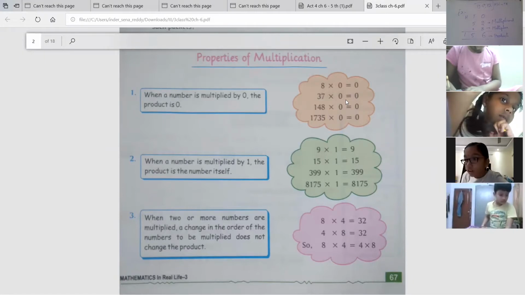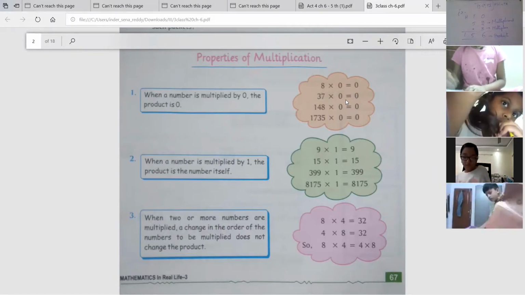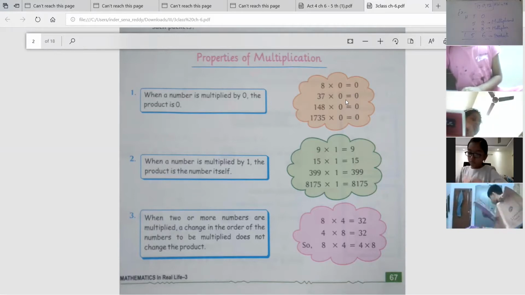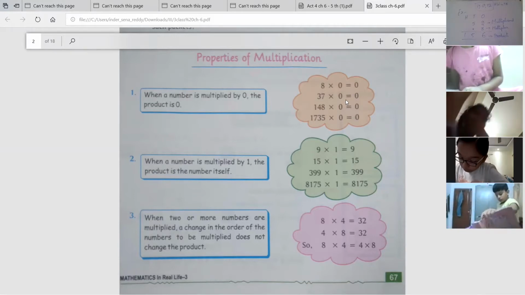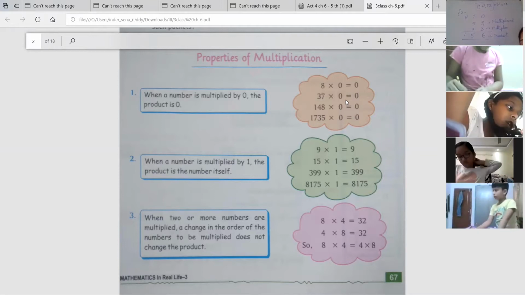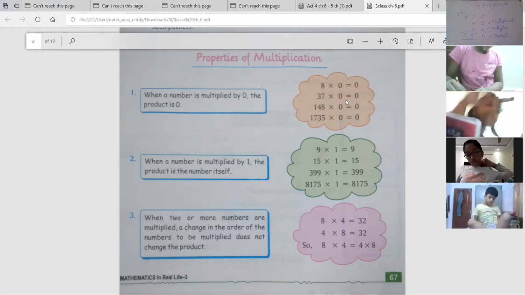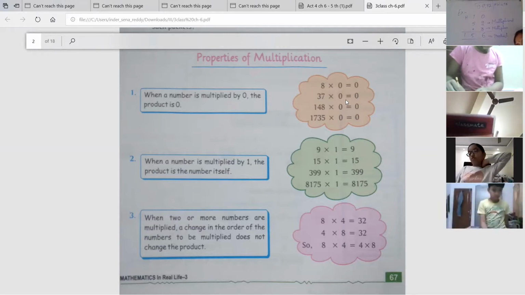Yes, your wish, write two examples from your own. Ma'am, 3 points, can we write our own? Yes, you can write on your own, but it should be correct.